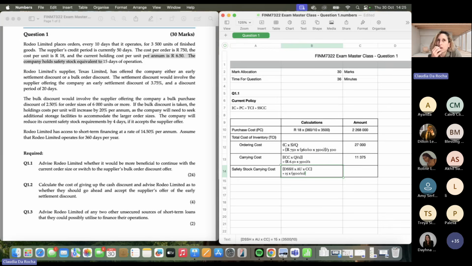We're trying to work out the days. We've got 3,500 units. How quickly do they get used up? Then we've got your carrying cost or your holding cost, which is the 6.50.